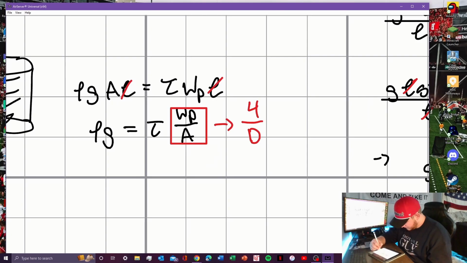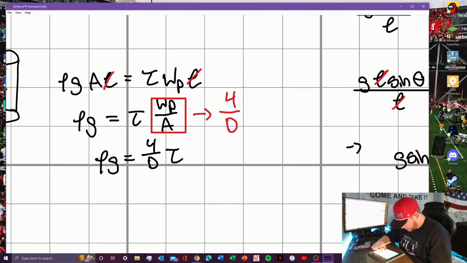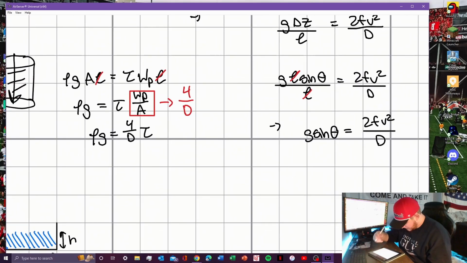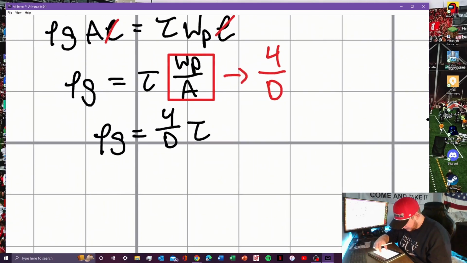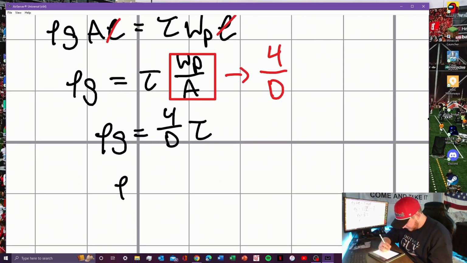So that leaves us with rho G is equal to 4 over D times tau. And then we can divide both sides by rho, so we are left with G is equal to 4 over D times tau over rho.